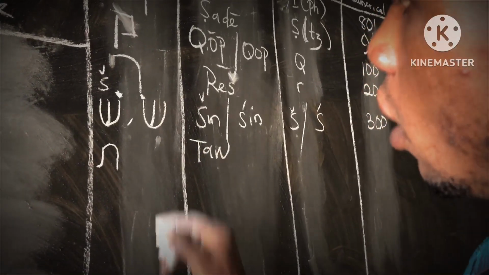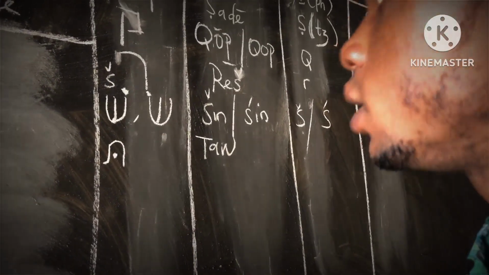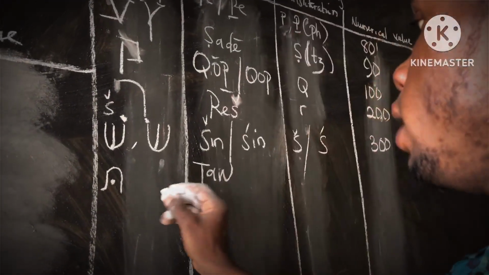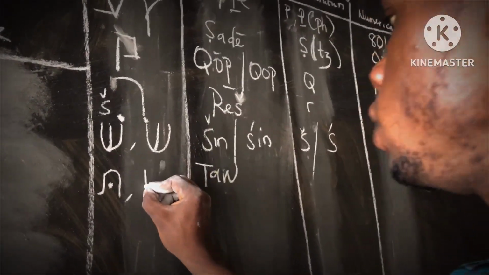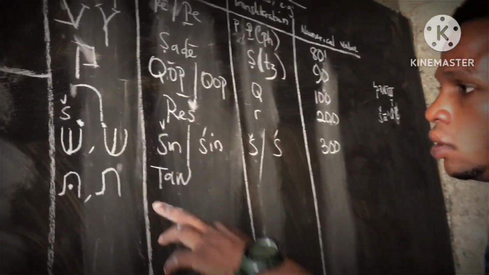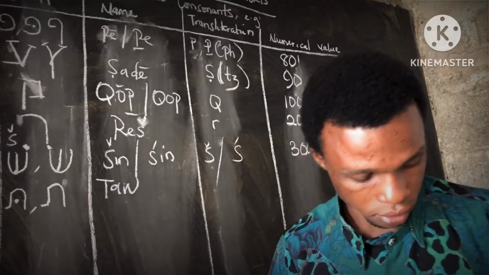You write your Tau this way. You have the dot in the middle, so it means it is strong. The second one is written without any dot, so it will be soft.